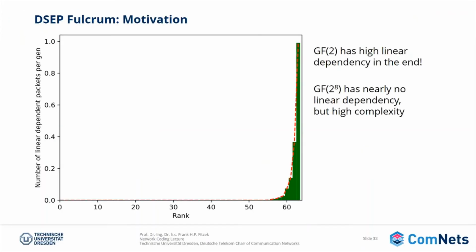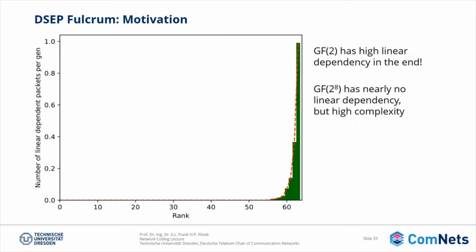Okay, this is another figure showing that the number of linearly dependent packets increases significantly at the end of the generation. A lower field size, such as GF2, has high linear dependency at the end of the generation.